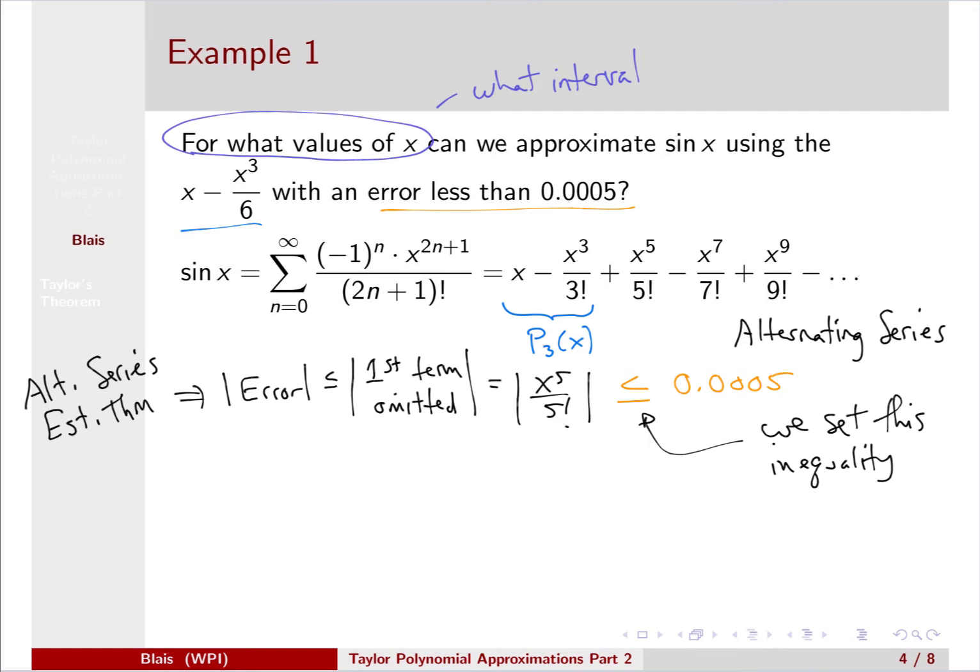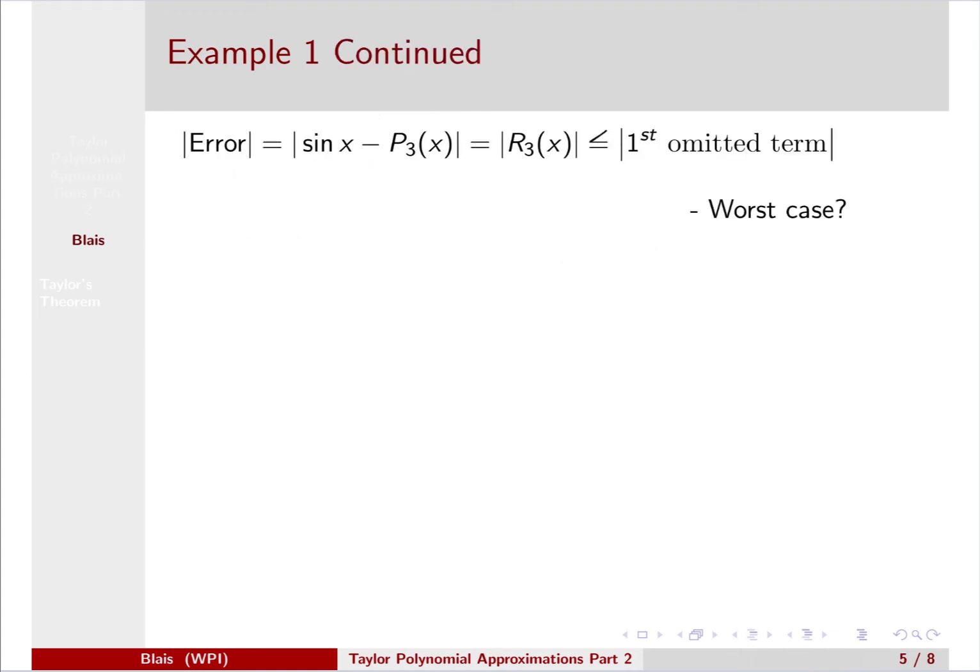So we now focus on the absolute value of x to the fifth over 5 factorial being less than or equal to 0.0005, which we can write as the absolute value of x to the fifth over 5 factorial being less than or equal to 0.0005.